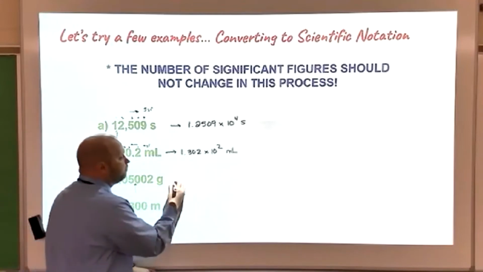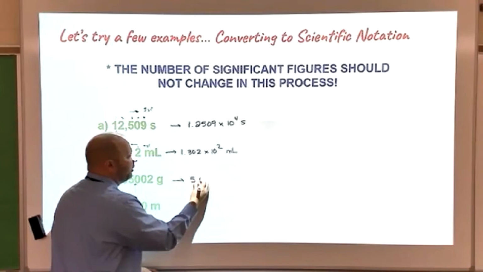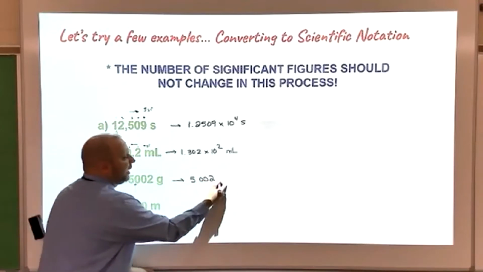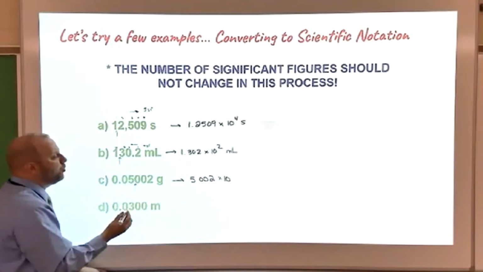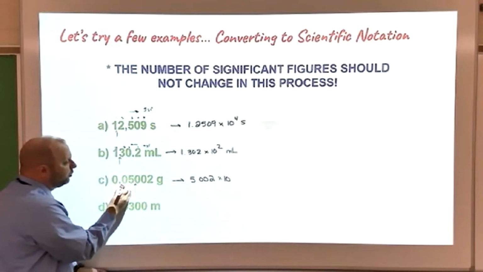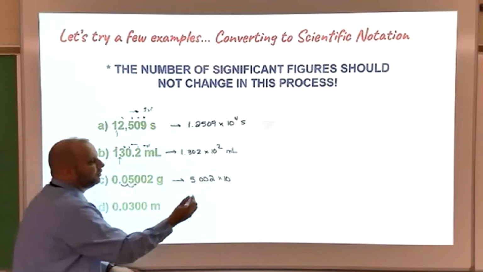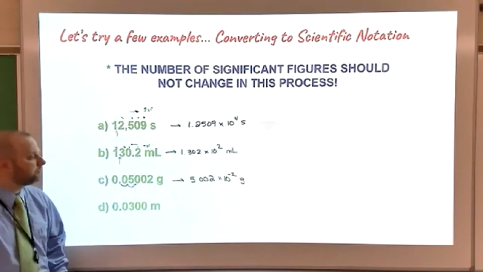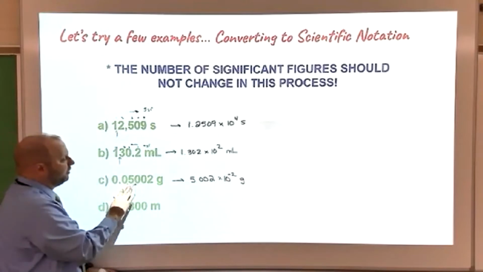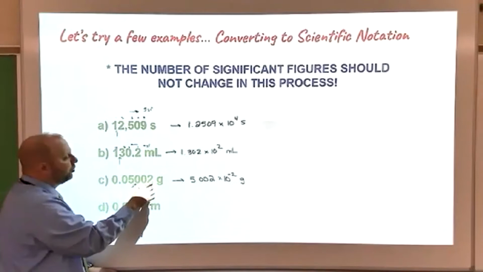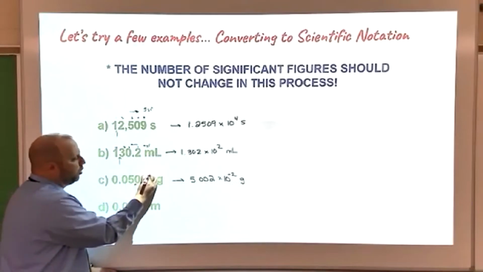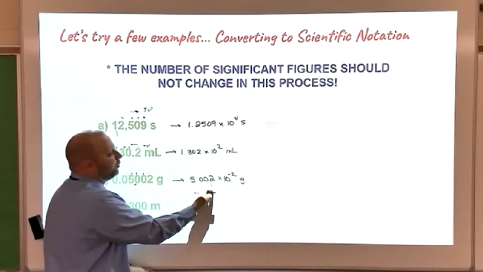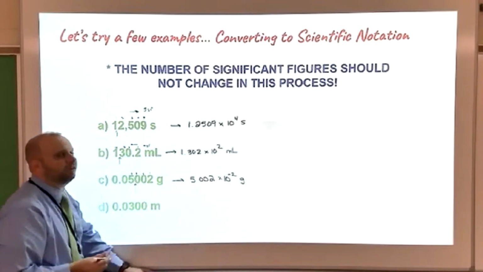So we're going to rewrite this number as 5.002 times 10, and now we move the decimal place the other way, 2 spots, so -2. Keep the unit of grams. This number, 0.05002, has 1, 2, 3, 4 significant figures. Our answer has 1, 2, 3, 4 significant figures.